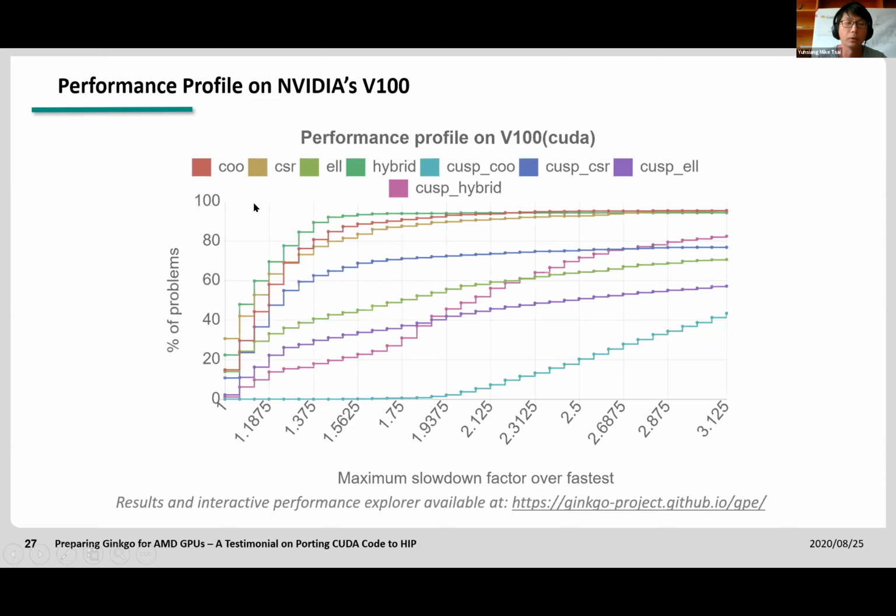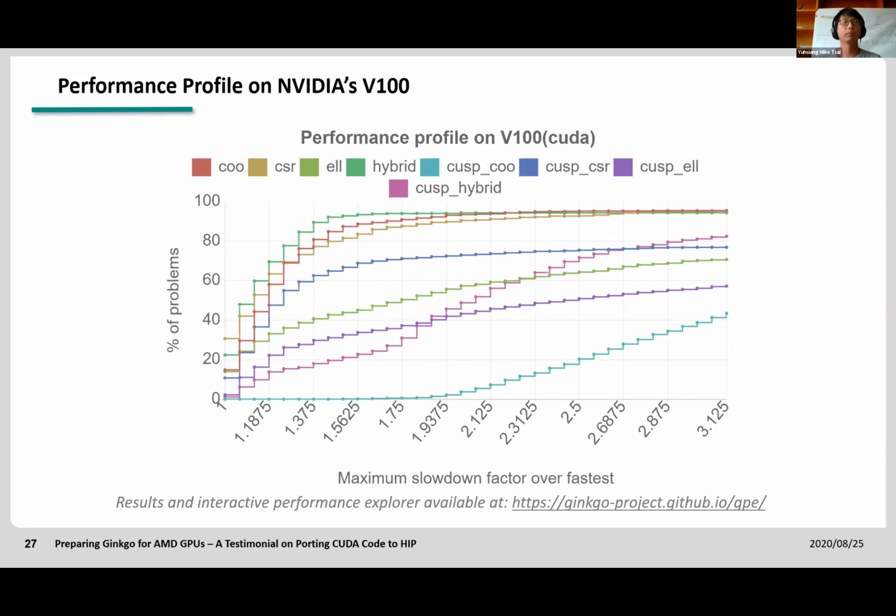Although our CSR is the fastest one, the hybrid will be the most generalized for most problems. If you choose hybrid, you only get a 1.5 or 1.6 slowdown factor, but you solve every problem here.